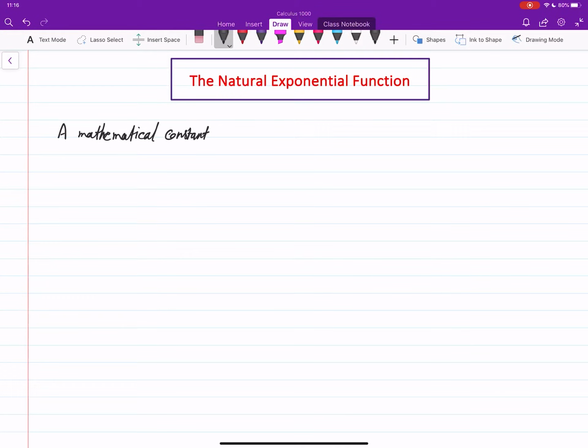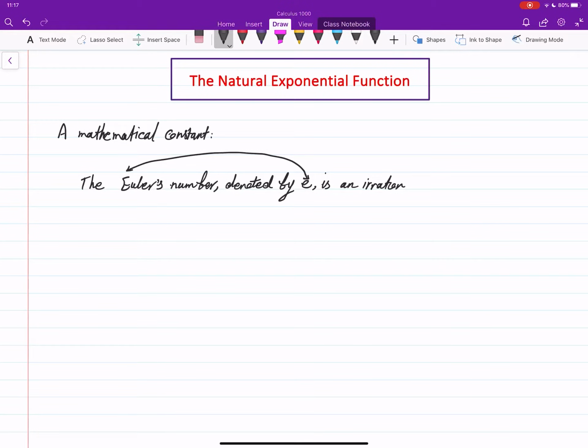is a different number. The Euler's number, denoted by E. Well, see the number E, the Euler starts with E, is an irrational number which is approximately 2.71828184 and continues.